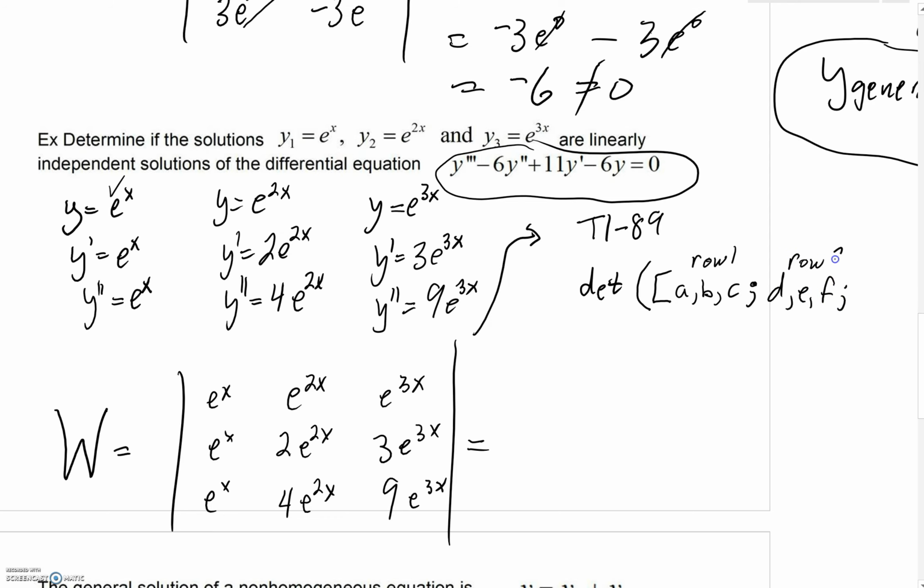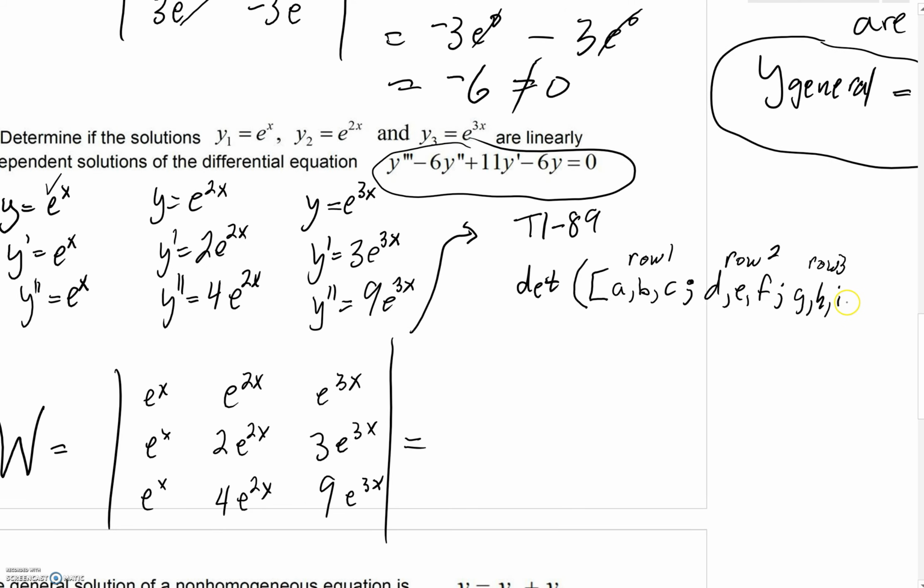That would be row 2. And finally, you'd have your last row, which would be G, H, I. And that's row 3. And the cool thing is then you've got to close your bracket and then close your parentheses. It gets very particular if you don't close that off. You get an error message.